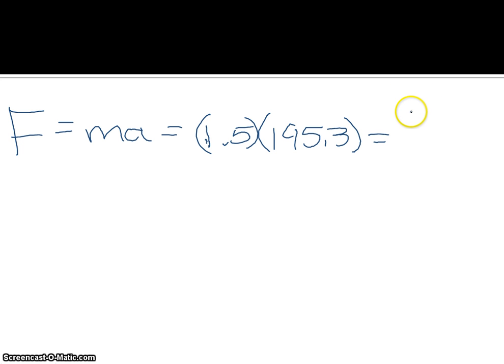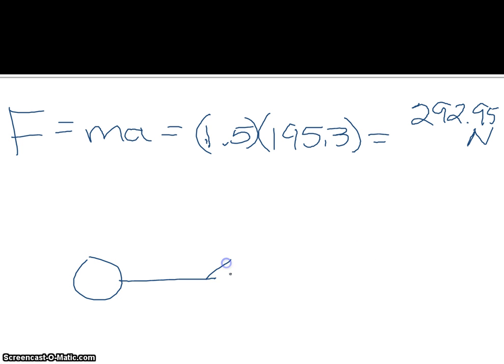So when we do that, we get an answer of about 293 newtons. So that's a pretty hefty hit, and that's why Goliath is down, and David, who was much smaller, became very celebrated in the lore of the Hebrews.